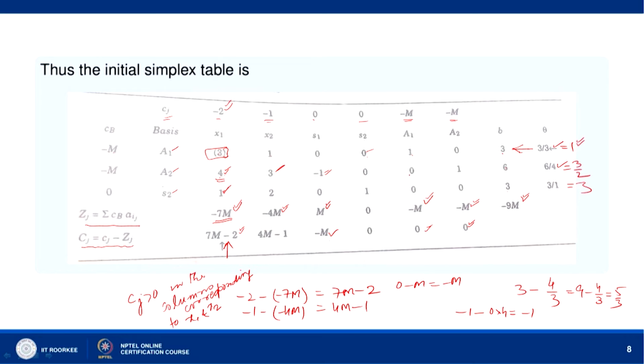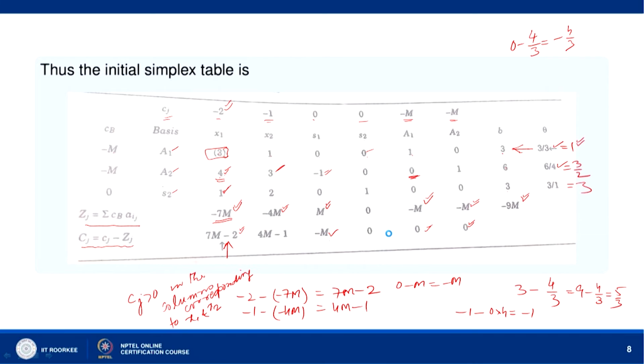But here, this is 0, we are dividing it by 3, and then multiplying by 4 and subtracting. So, 0 minus 4 by 3. So, this A1 element here will be minus 4 by 3.